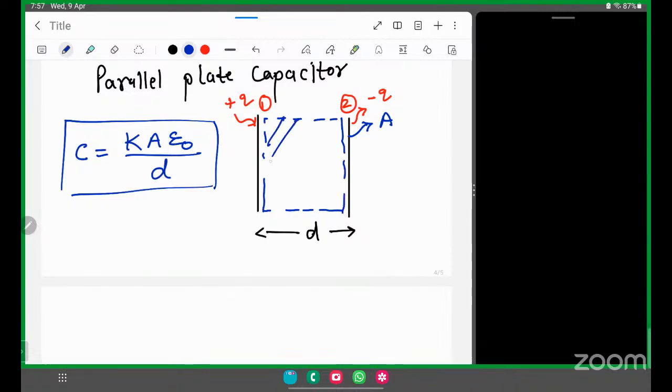If this is a dielectric material like paper, wood, or any other material, it will have a value of K, and C will be given by K A epsilon naught by D.